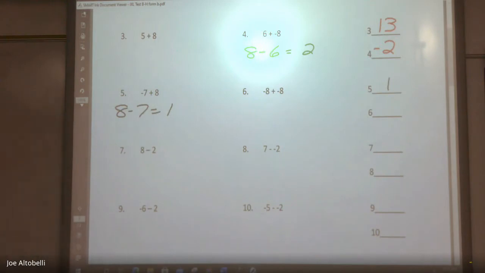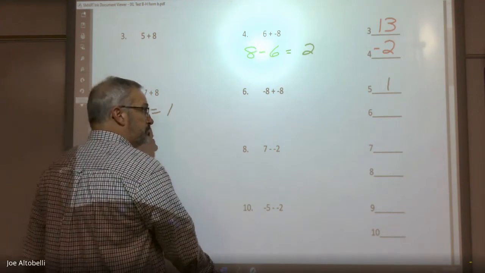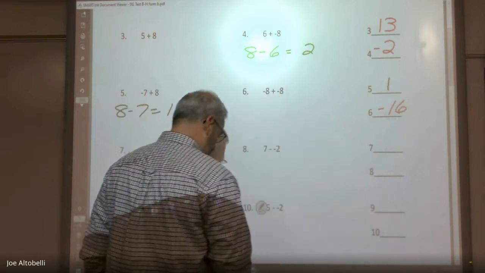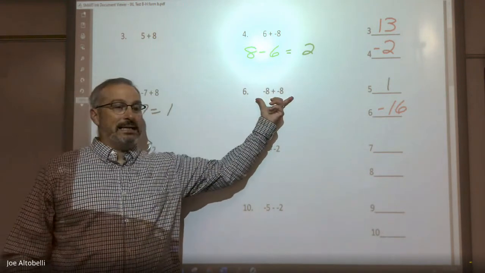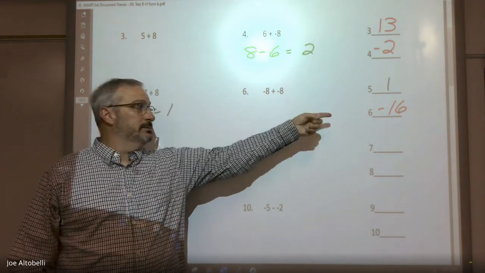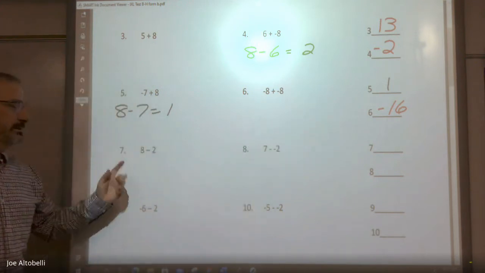Number 6. I'm adding 2 negatives, so I just add them and keep it negative. -16. Number 7.